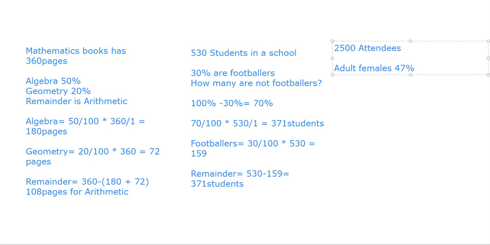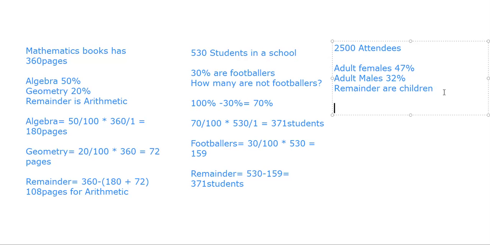And they said adult males were 32%, and the remainder would be children, right? The remainder are children. So they want to find out how many children were at the concert.